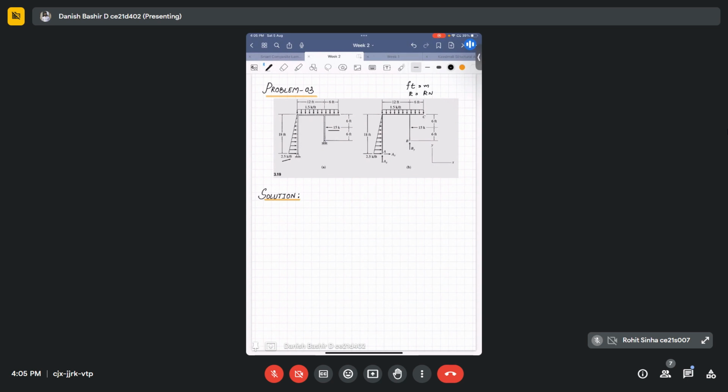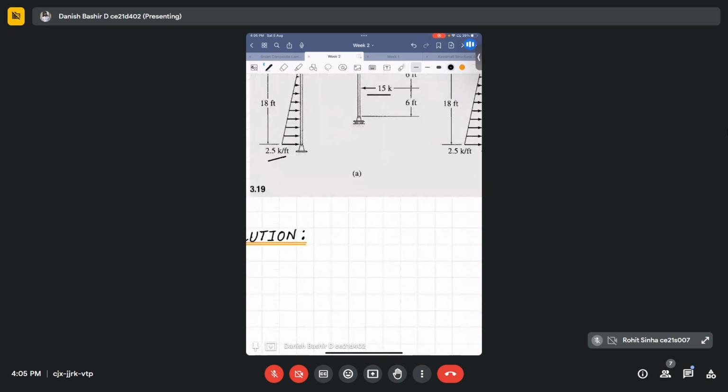So first thing is to check whether this is statically determinate or indeterminate. You can see that it's a hinge joint here and a roller joint here. This hinge joint will have two reactions, horizontal and vertical. That comes out to be two reactions here, and this roller will give only one vertical reaction. So our R comes out to be equal to 3.